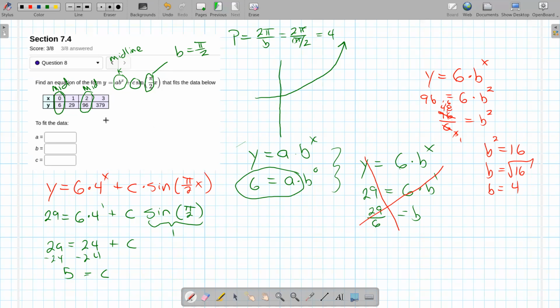So I think my function is y equals 6 times 4 to the x plus 5 sine of pi over 2 x. And we want to see if we get, for example, 1, 29, 2, 96, 3, 379.